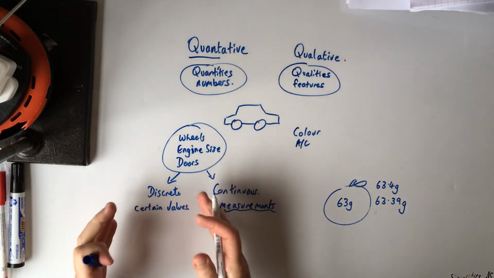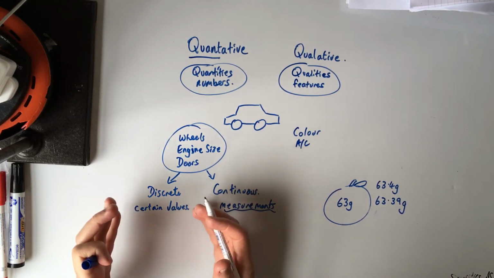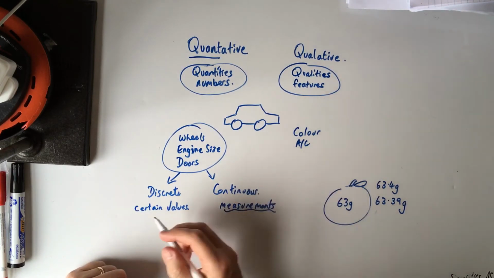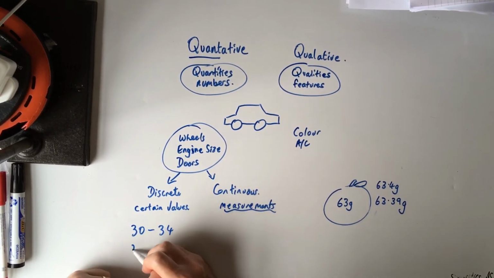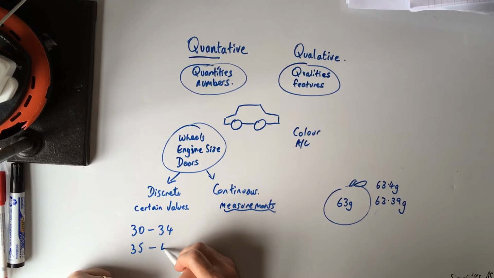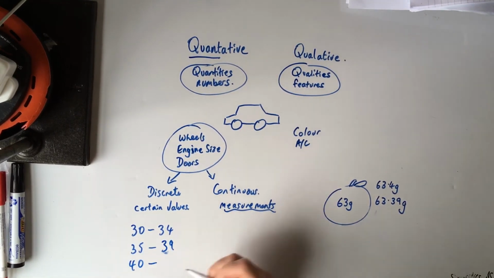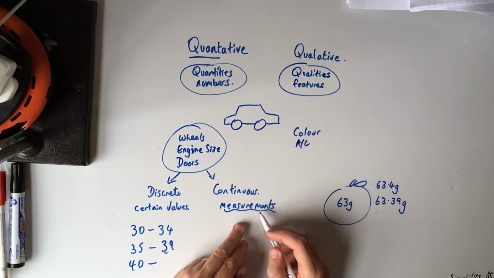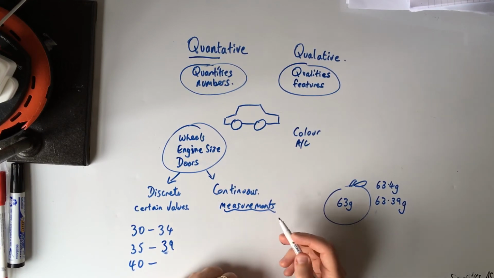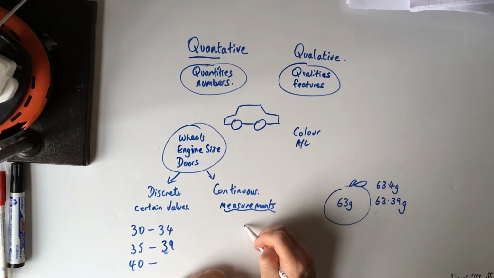data. So with discrete data, because it can only take certain values, you tend to see them, don't they, when they talk about goals scored, they might go 30 to 34, 35 to 39, 40, and it's put into groups like this, okay? But with continuous data, when they're talking about weights of apples and so on, they always say the weight, don't they?